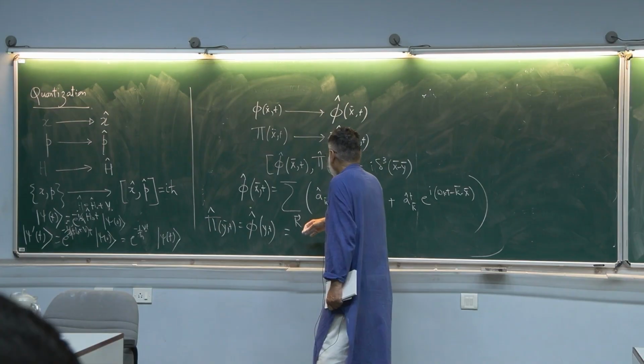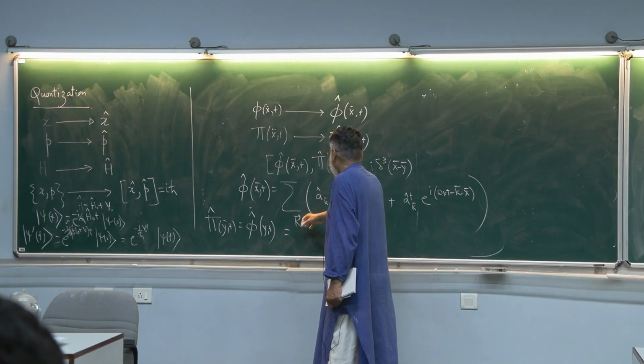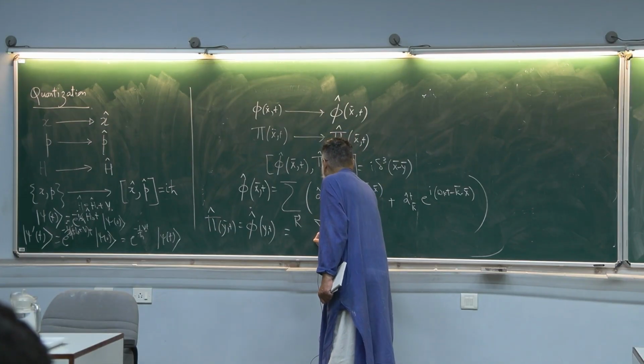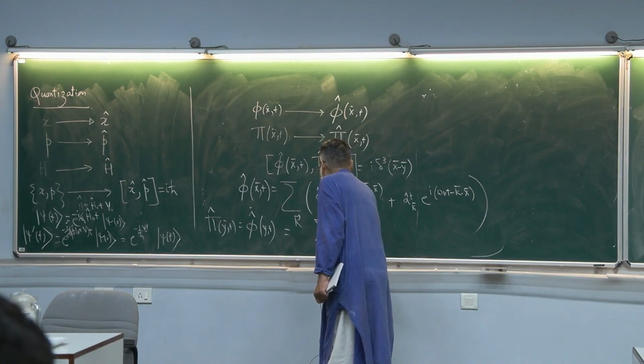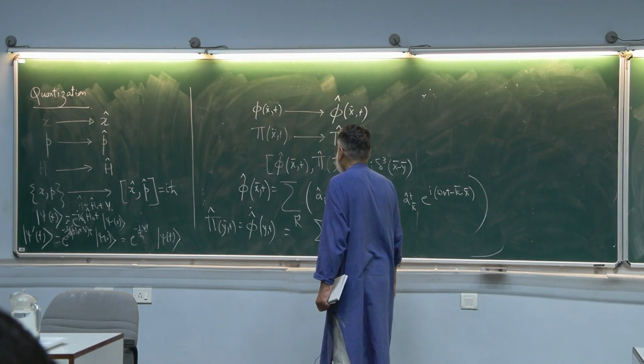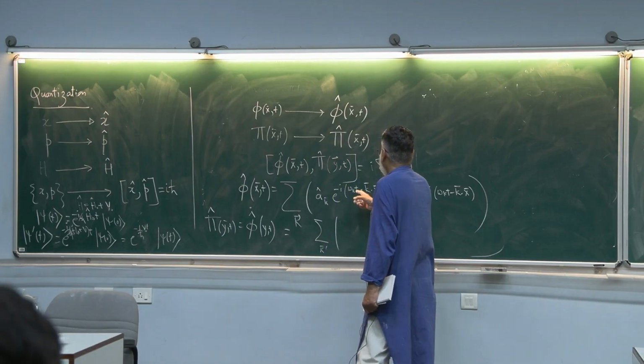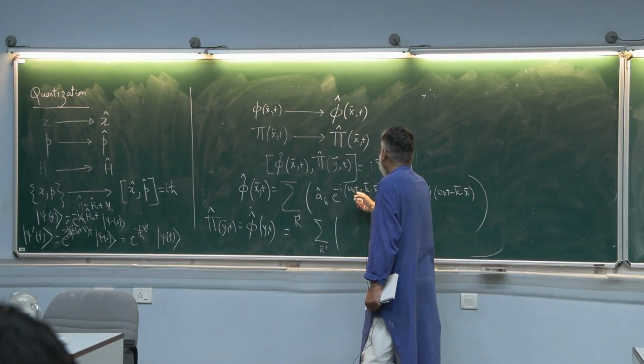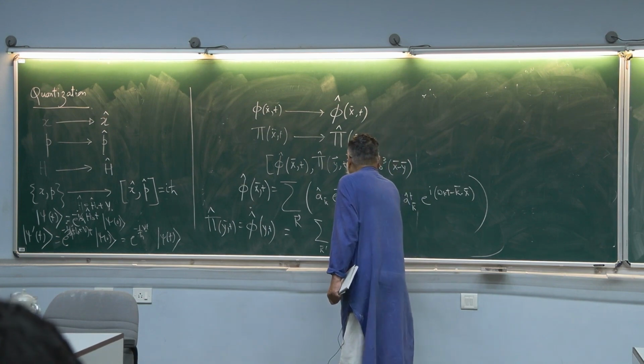Now it is being summed over k, but here I'll sum it over k prime. They are dummy momentum modes. And because I am differentiating with respect to time, a minus omega k prime will come out. So minus i omega k prime will come out.